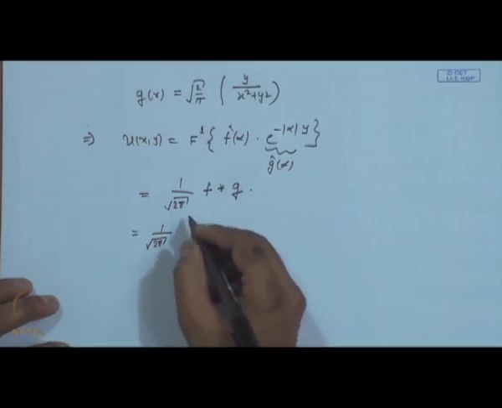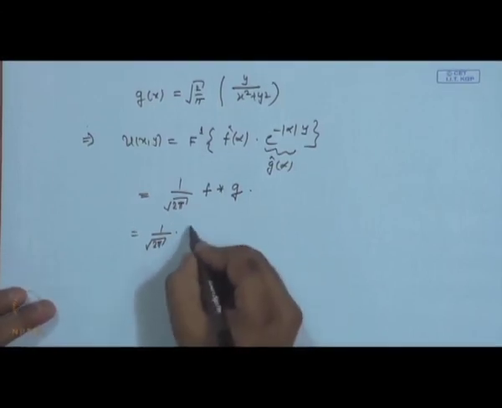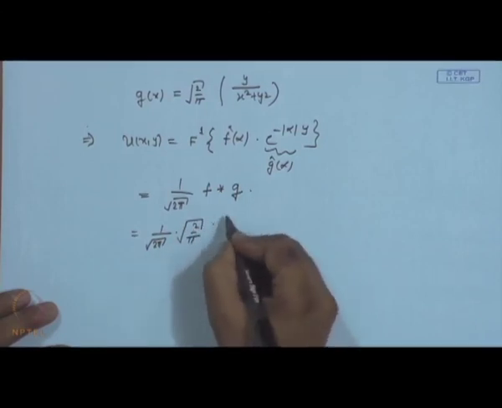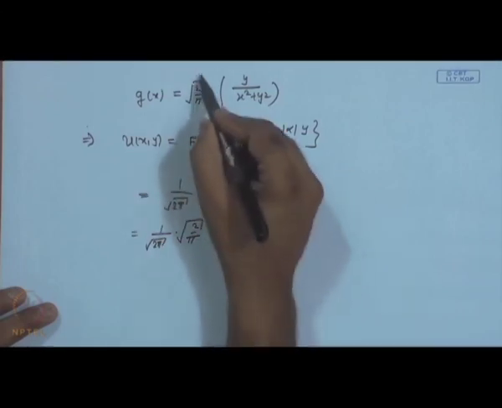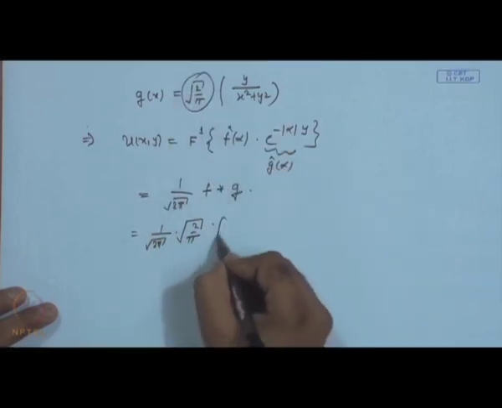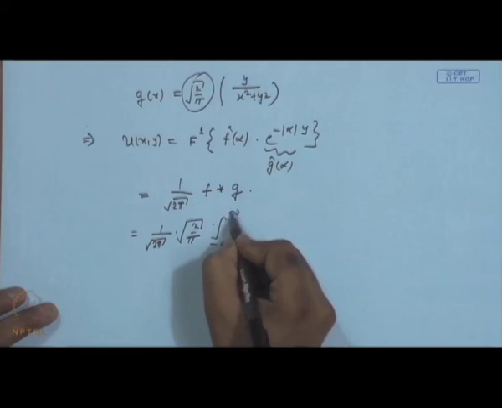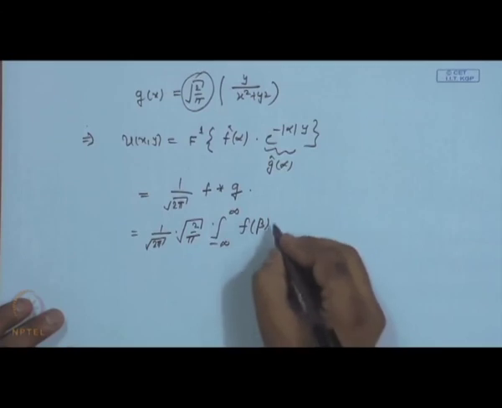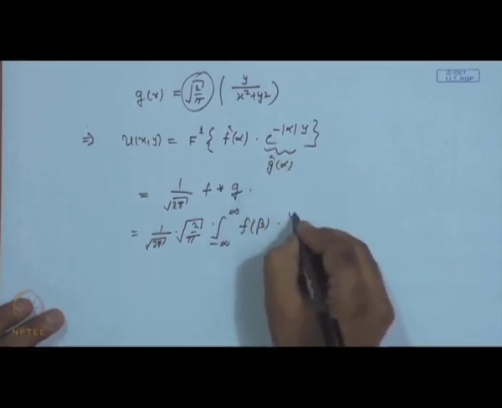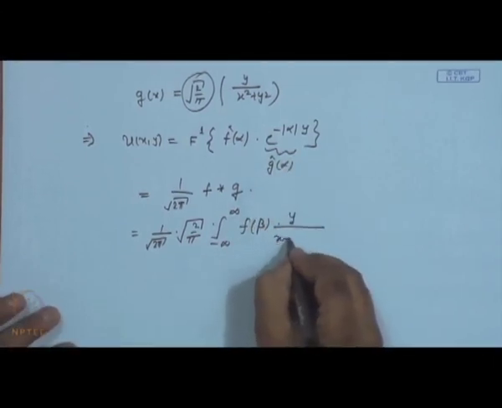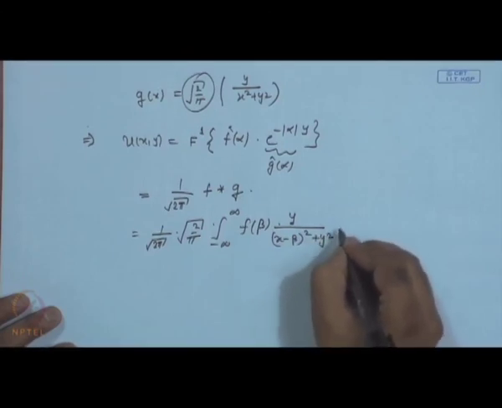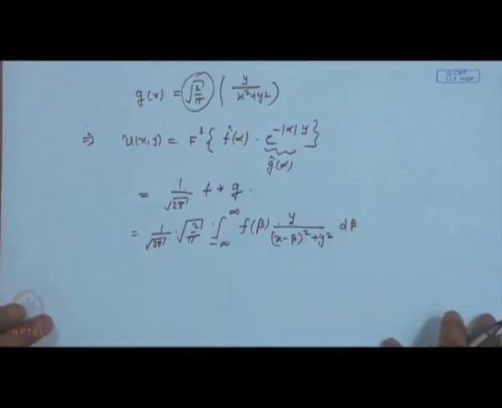This convolution we can write down: we have 2 over π, because of the factor in g. We have the integral from minus infinity to plus infinity of f(β), where we introduce this integrating variable, and then we have y over (x − β)² + y², where we replace x by x − β for the convolution, and we have dβ.